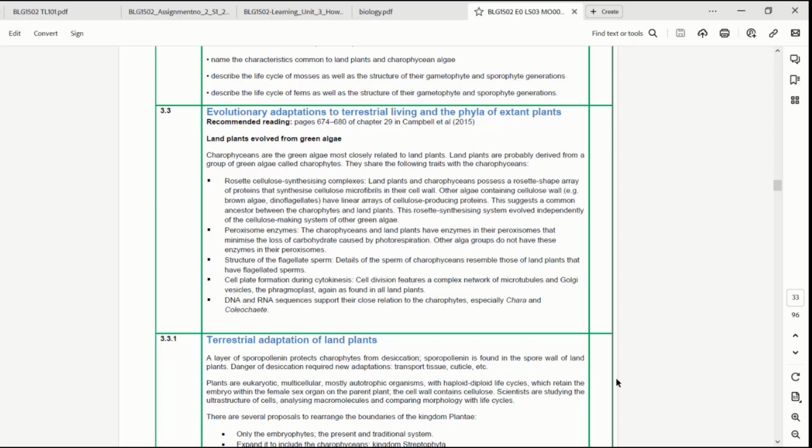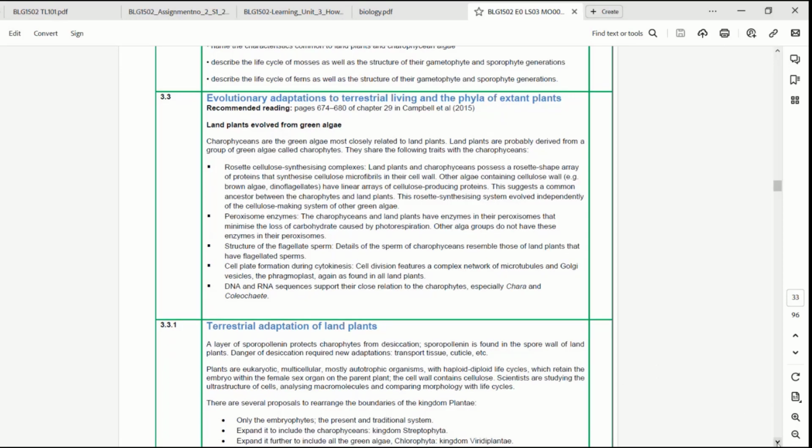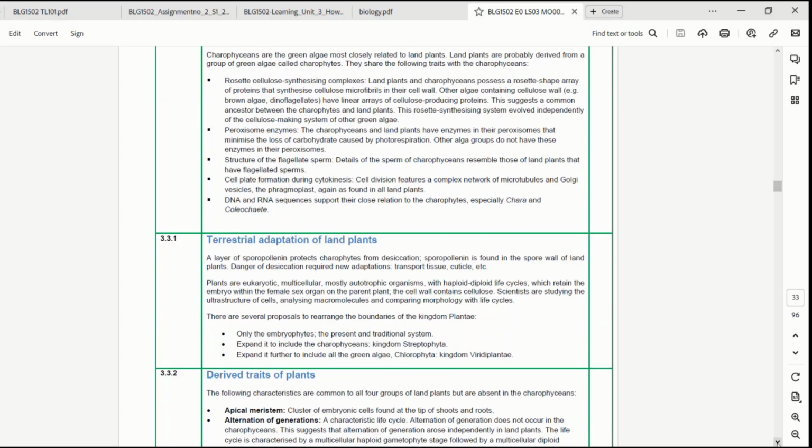And the terrestrial adaptation of land plants is that the layer of sporopollenin protects charophytes from desiccation; sporopollenin is found in the spore wall of the land plants. The danger of desiccation required new adaptations in the transport tissues and cuticle.